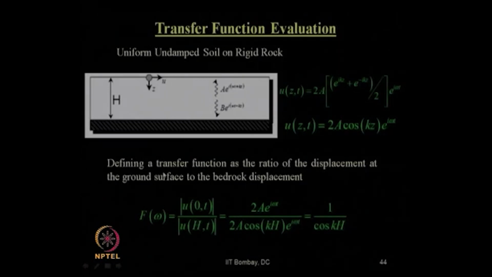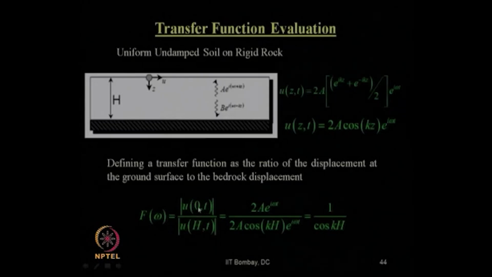Clear? Now, defining a transfer function, let us see how we define it. It is the ratio of the displacement at the ground surface to the bedrock displacement. We write it as F of omega, a transfer function, which mathematically is the modulus of the ratio of displacement at ground surface by displacement at bedrock level, u of 0, t by u of h, t.